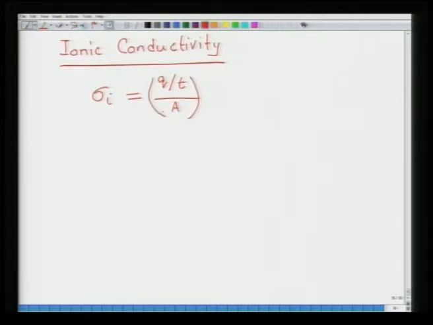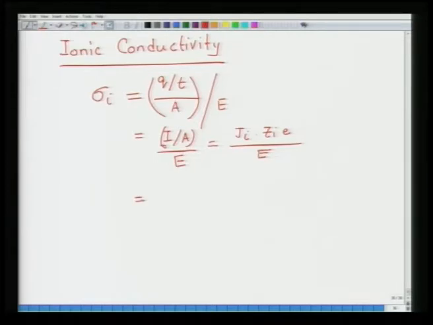So this is flux per unit area divided by the electric field E. I can write this as I by A into E, and I by A, as you know, is the current density. So this would be your flux multiplied by Z I e, divided by E, which is the electric field.